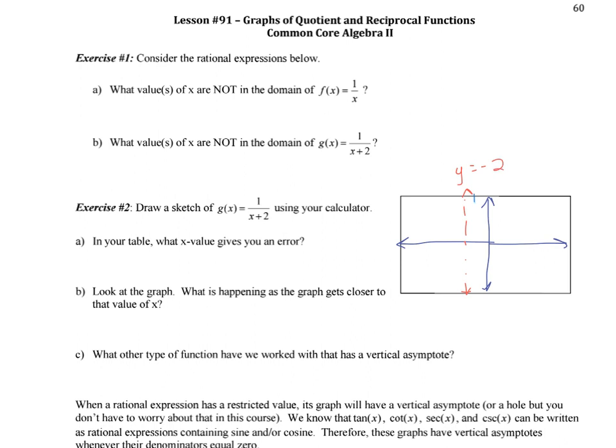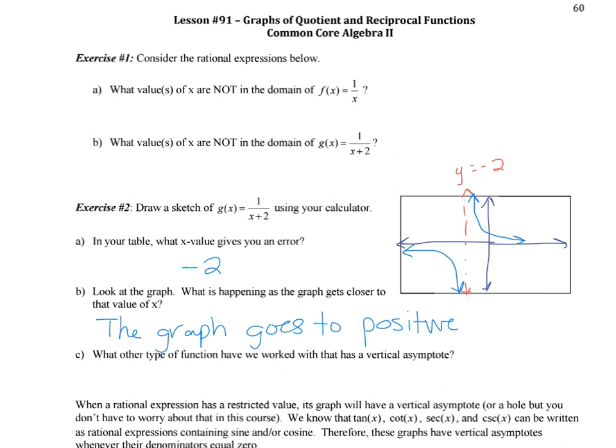So we have this one piece of the graph that's here, and we have another piece of the graph that's down here. So the value that gave us an error was -2. What is happening as you get closer to that value of x is the graph goes to positive or negative infinity.